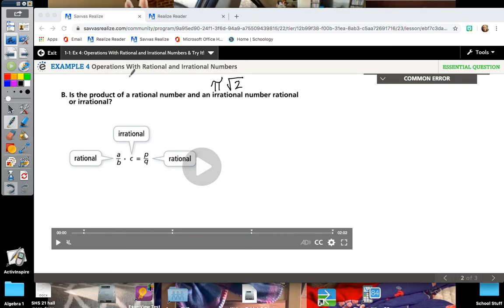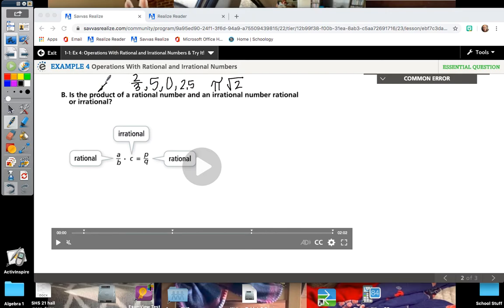For rational, we can use fractions like 2 over 3. We could use regular numbers like 5 or 0. Or you could use a regular decimal like, let's go 2.5.